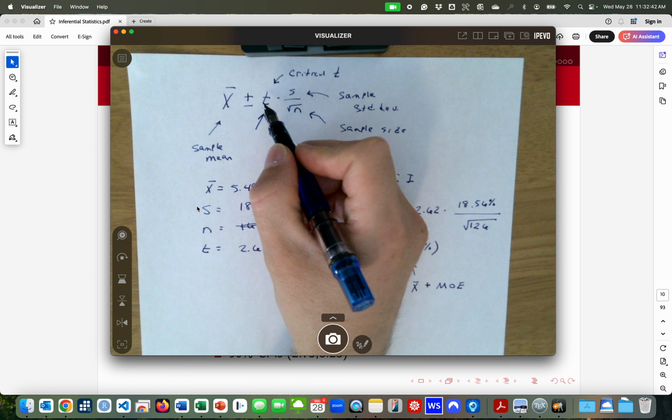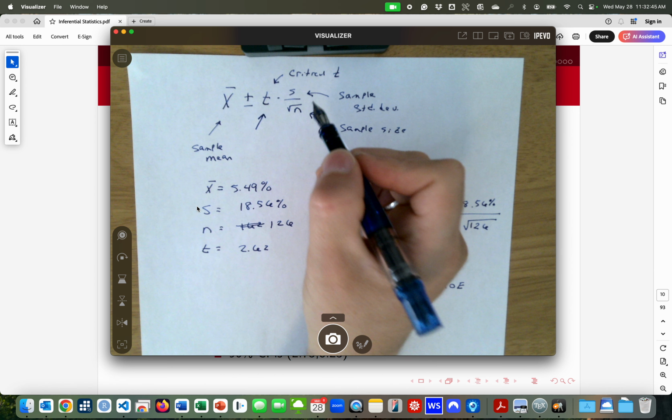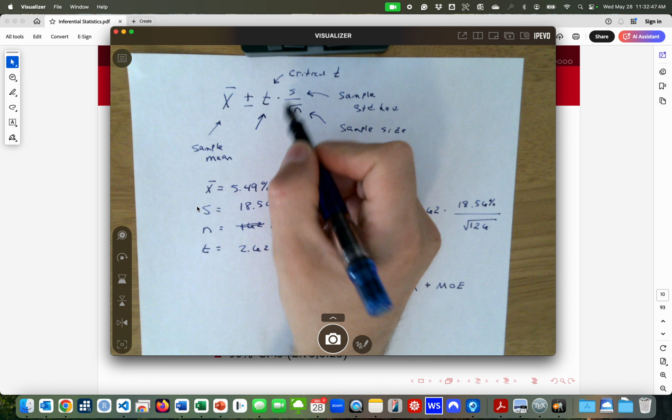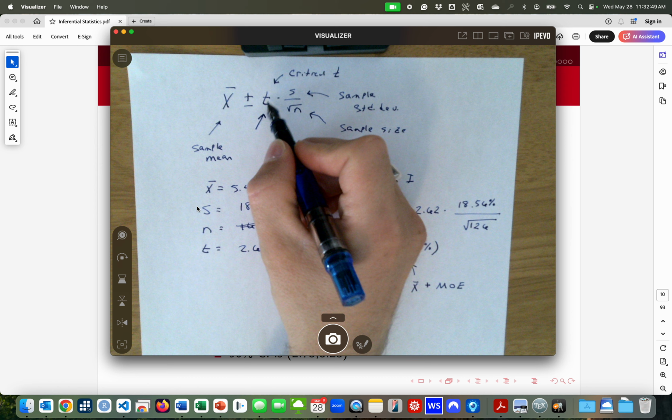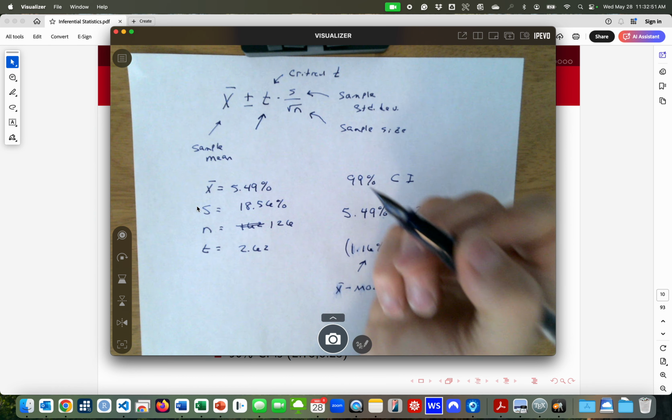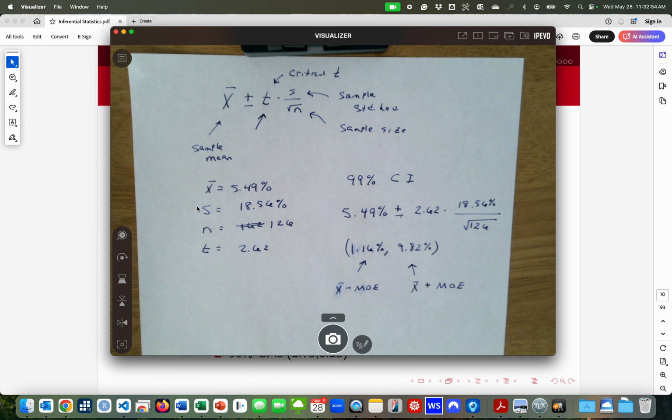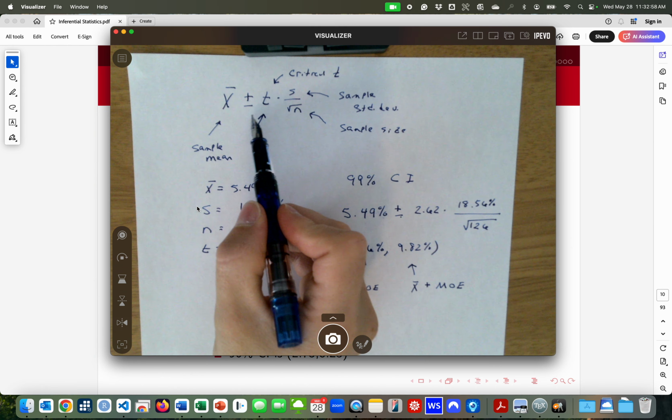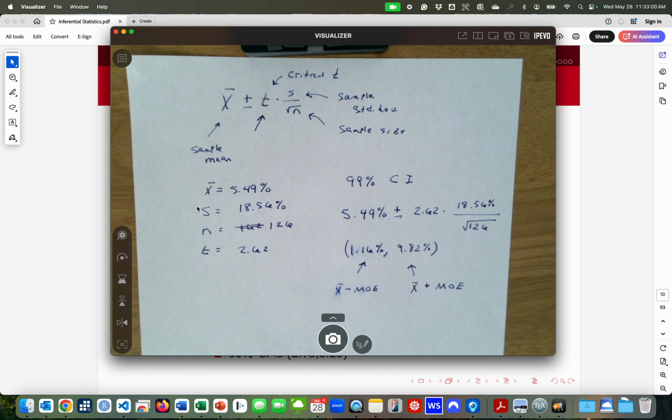So if our sample size stays the same, our x bar stays the same, our s stays the same, changing the level of confidence will change this t-value. And as your level of confidence goes up, the t-value gets larger. And if the t-value gets larger, you're going to add and subtract a larger number, and your interval is going to get wider. So the more confident you want to be, the wider the interval has to be for the same standard deviation and same sample size.